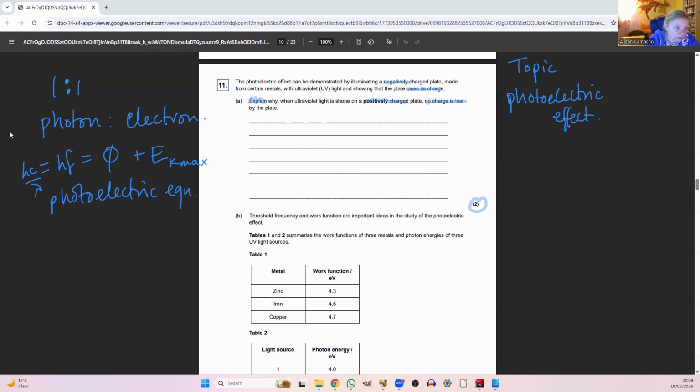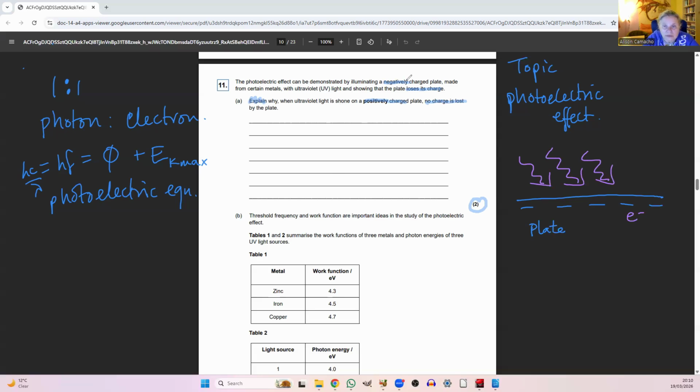Right, now what we're going to do is we are going to read for meaning. And while we're reading for meaning, we're going to draw a situation. So there is the surface of the plate, and it's charged negatively. And we've got UV light coming in. And the UV light is going to interact with an electron.